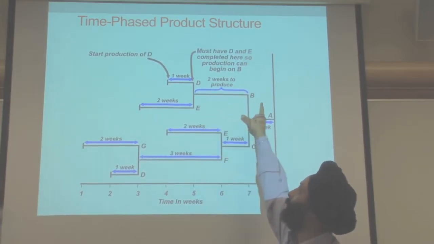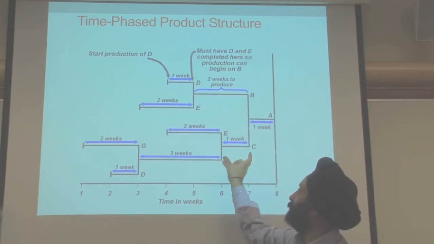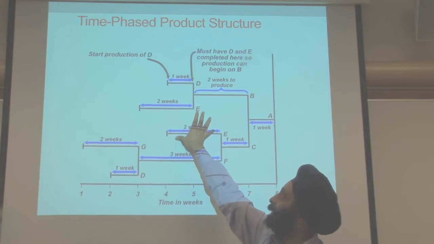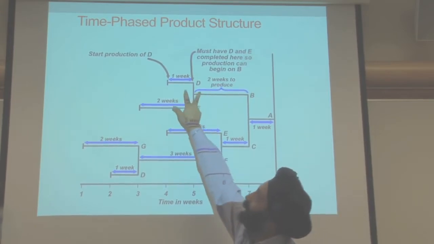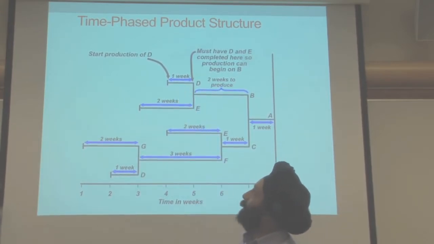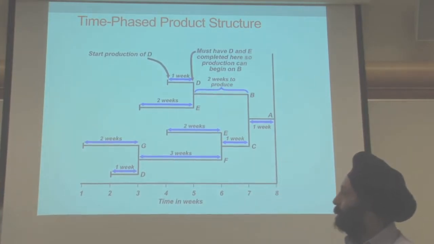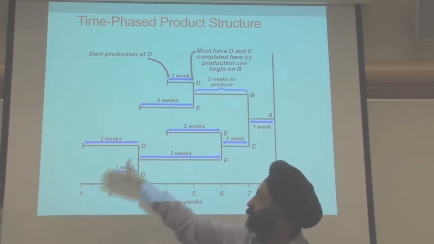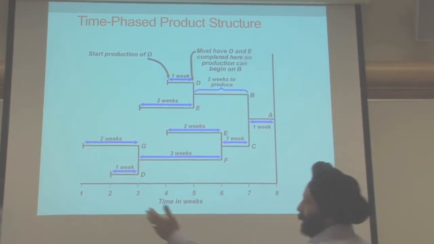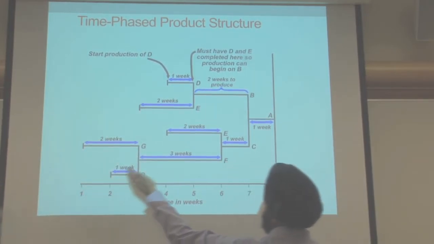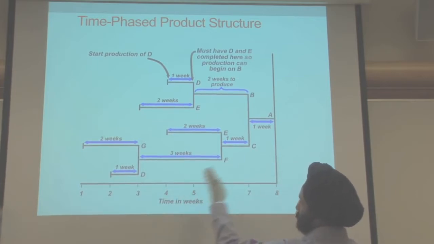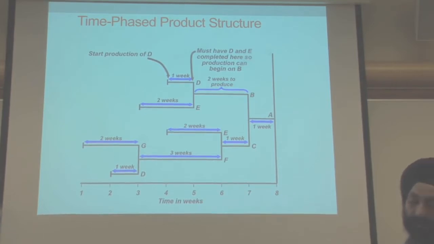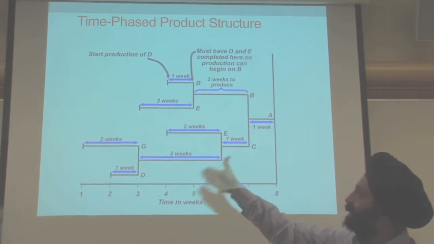So it takes 2 weeks to produce B, whereas it takes 1 week to produce C. It takes 2 weeks to source E in this case, whereas it takes 1 week to source D. 3 weeks to produce subassembly F, and so on and so forth. So the earliest you need, if you start in week 1, you need to have 7 more weeks to make sure you deliver everything by week 8. So that's a way of figuring out when anything is needed.